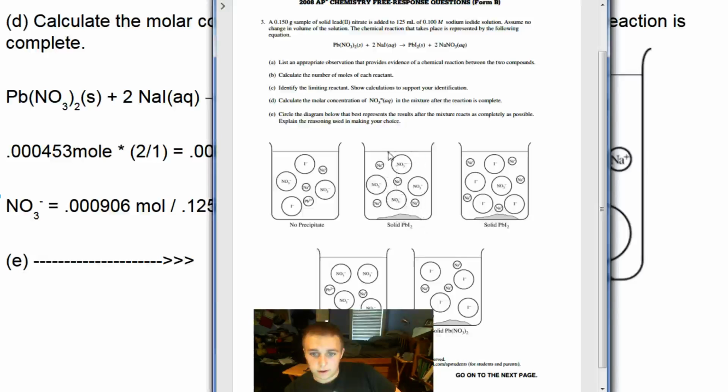It's actually this one where there's NO3 and Na left over, because the NO3 is a spectator ion, and the Na is excess from the left. I don't know, you should be able to see it. Yeah, this one's the right one, not the other one. Sorry.